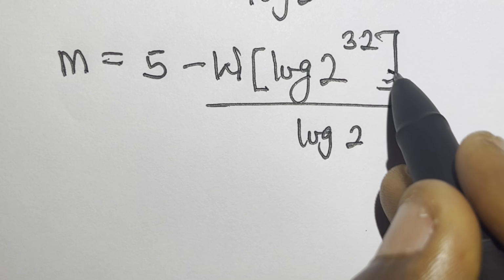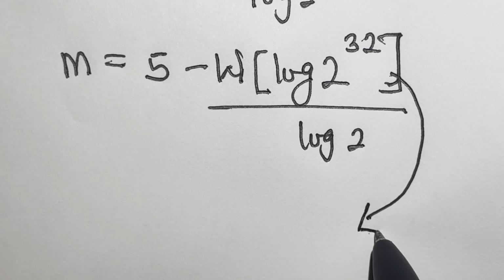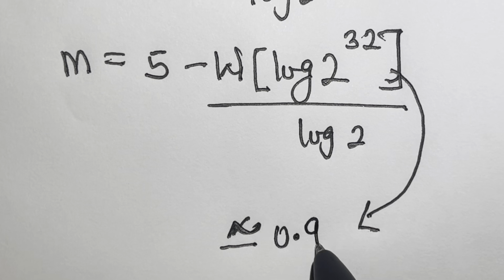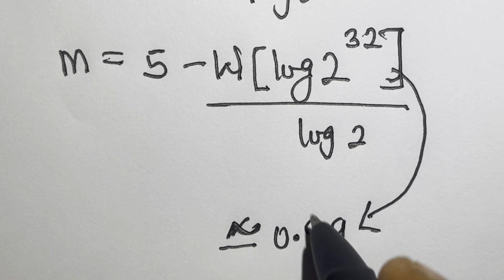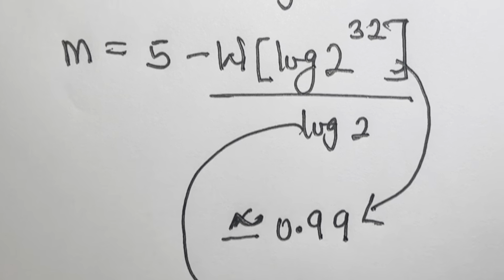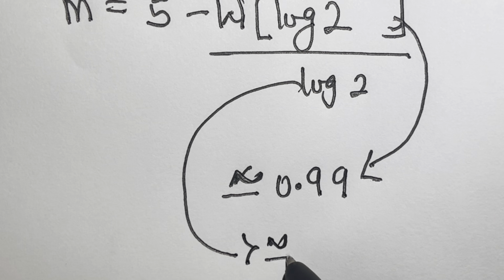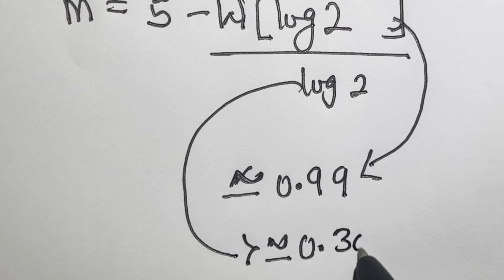The value of the Lambert function of this is approximated to be 0.99, and log 2 is approximated to be 0.3010.